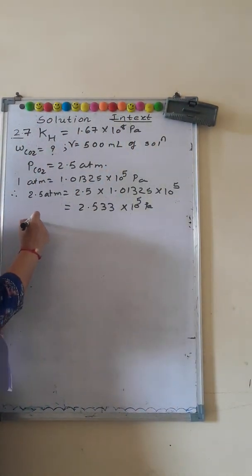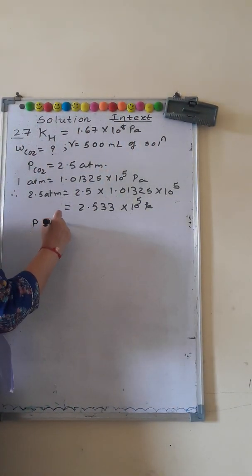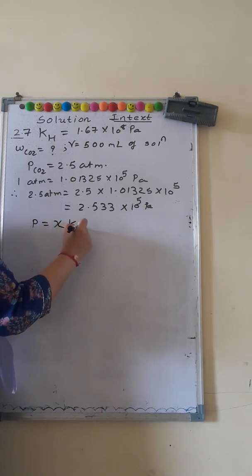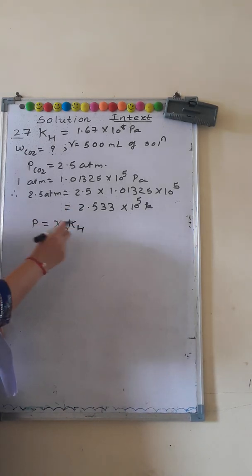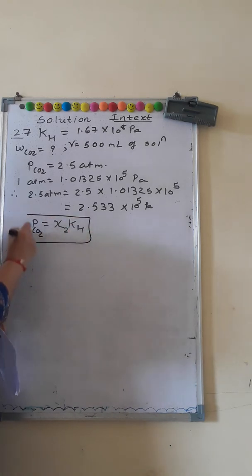Next is our same formula, that P of CO2 is equal to chi of CO2 into kH. Now kH is already given, P is also given. So first we will calculate chi2 from this.